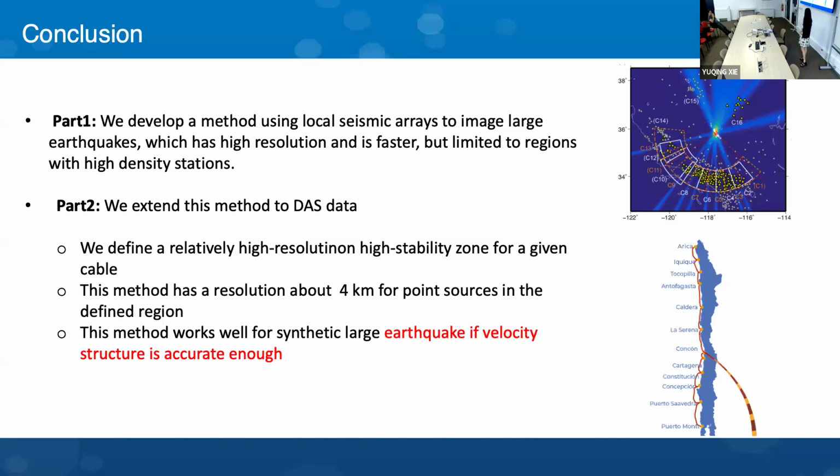Then we extended this method to DAS data, so we can use it in more regions, including Chile. In this part, we found a high resolution, high robustness zone, and we can have a resolution of about 4 kilometers. This method works well for synthetic large earthquakes if the velocity structure is accurate enough. So that's our future work. And thank you.